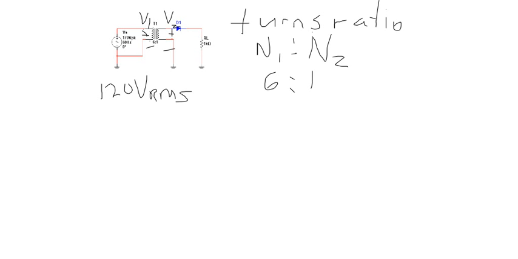So the transformer equation tells me that V2 coming out of the transformer, the secondary voltage we call it, equals N2 over N1 times V1. These are AC voltages, so I tend to use lowercase letters for them.